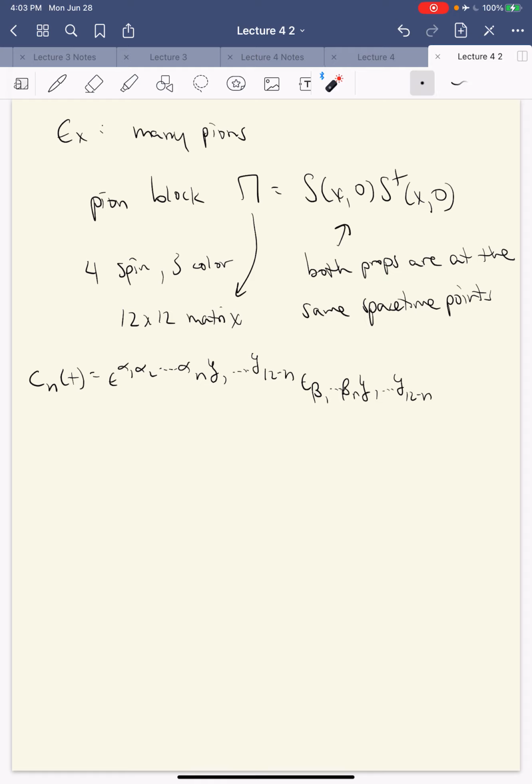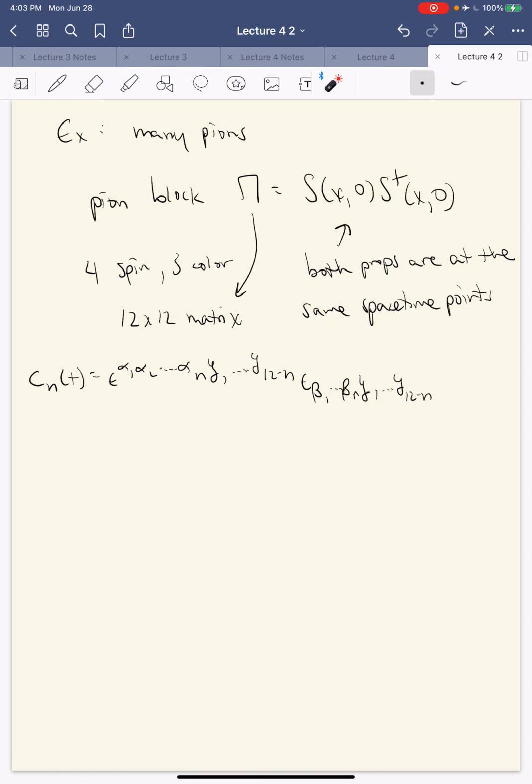So what I'm doing here is tying up the excess 12 minus n indices that we're not going to antisymmetrize, and leaving open the n indices that do need to be antisymmetrized.